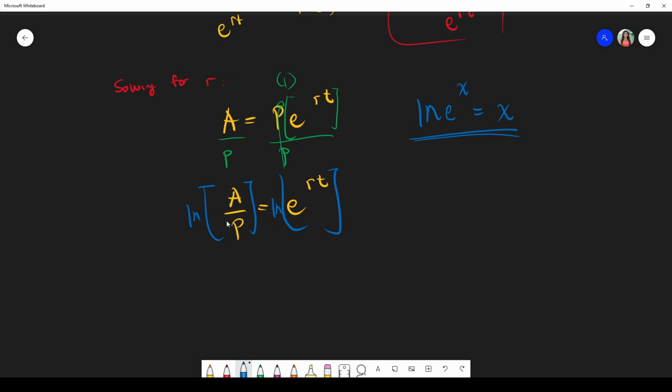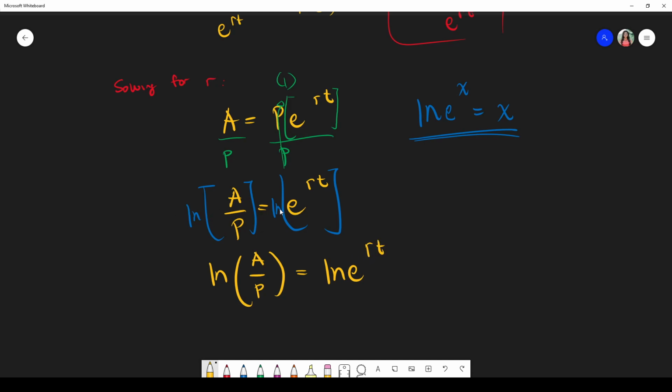So now we extract the natural logarithm of both sides, which would give us ln of A over P, the natural logarithm of A divided by P, is equal to ln e raised to rt, right?